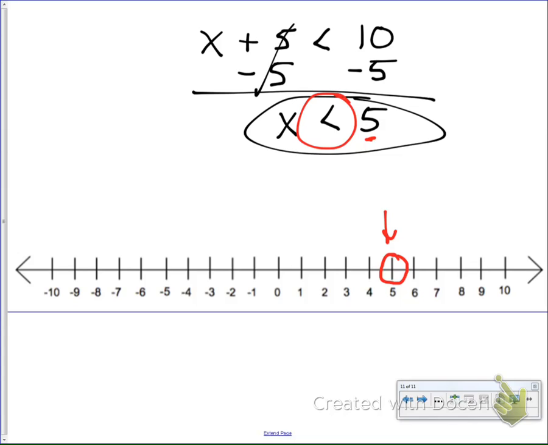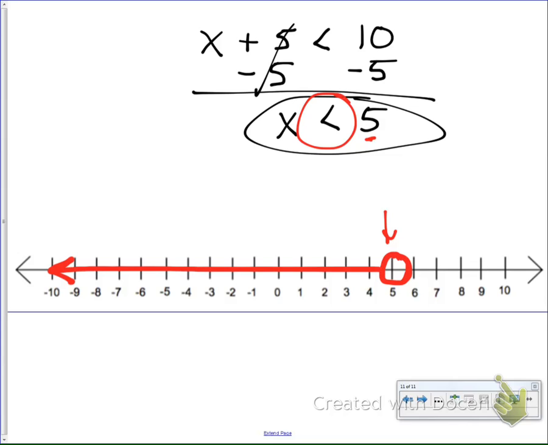That lets me know that 5 is not included in my set, but anything that is smaller than 5 will be. So when I go to put this on my number line and show my possible answers, I'm going to have an arrow going over to my left showing that everything less than 5 is going to be included in my set, but 5 is not included, hence the open circle right here.